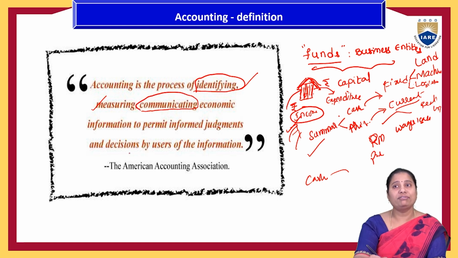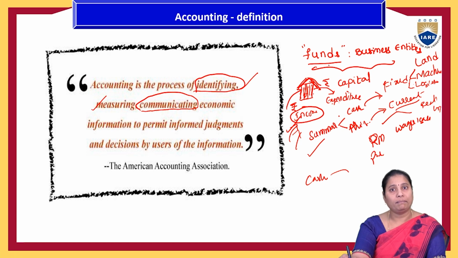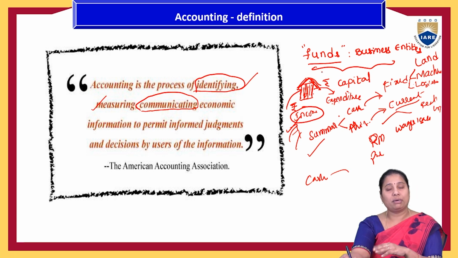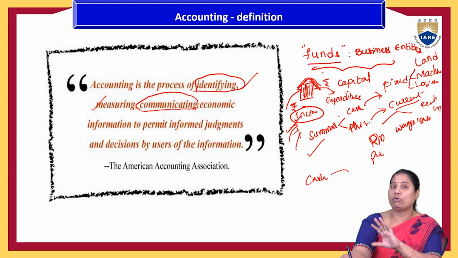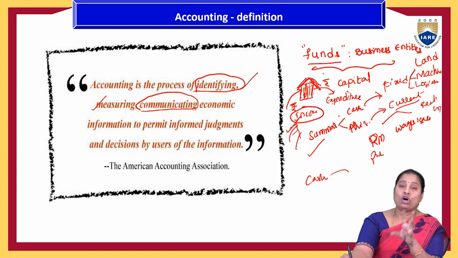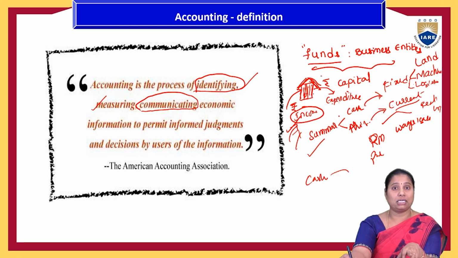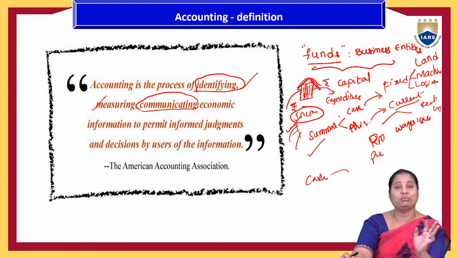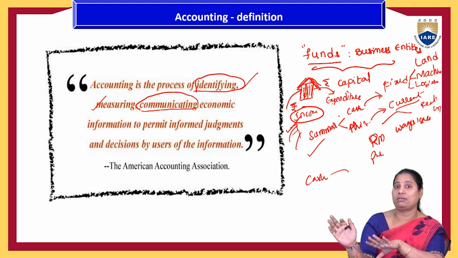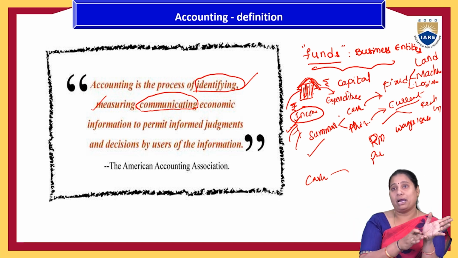All this information is about the funds only: in what way these funds are coming, where they are spending, for which activities they are spending, how much amount is left with them, or how many debts there are for the organization. So all this information they identify, measure, summarize, interpret, and finally communicate in a presentable manner, in a prescribed manner.